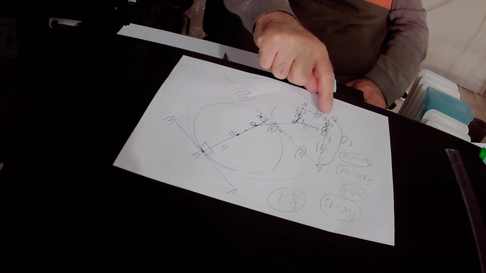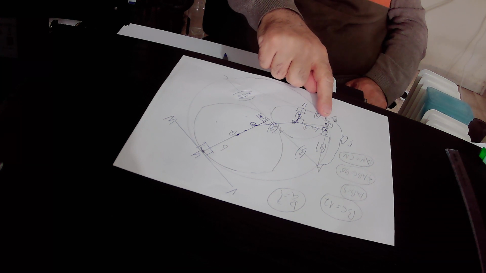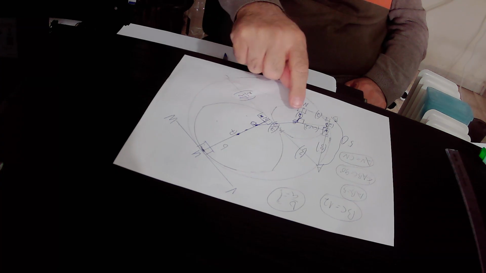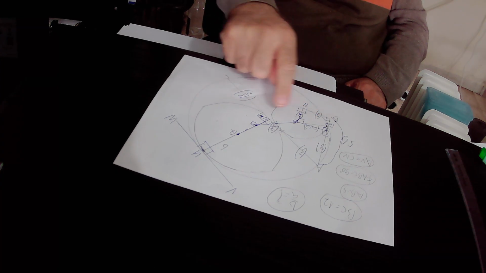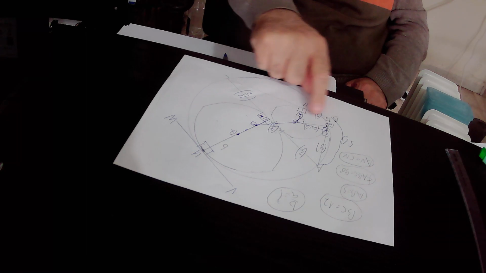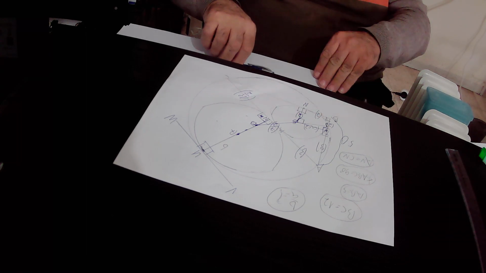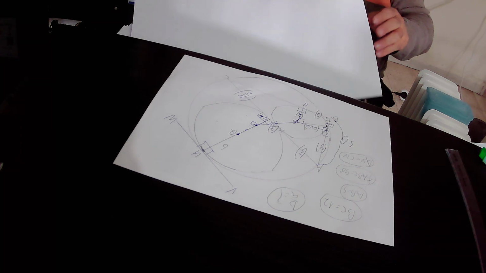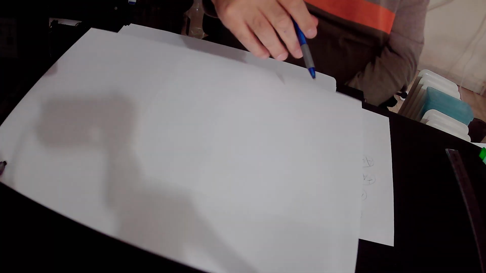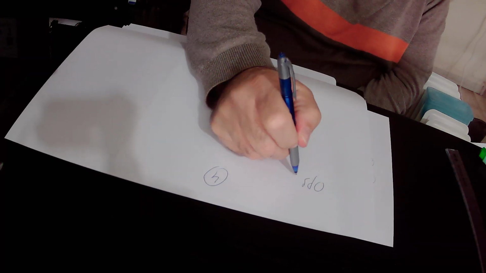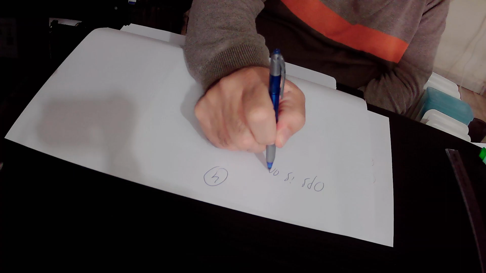They touch each other internally at point S, and according to rule number 9, the straight line OP must pass through point S. That is to say, OPS is one straight line. So we can write here that line segment OPS is one straight line.